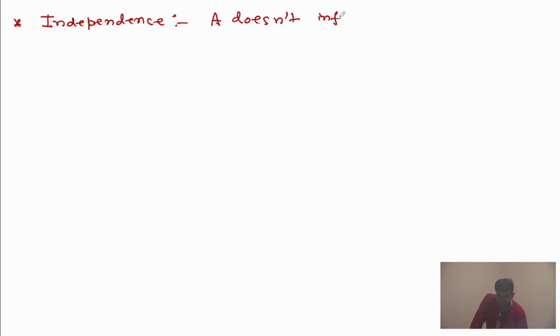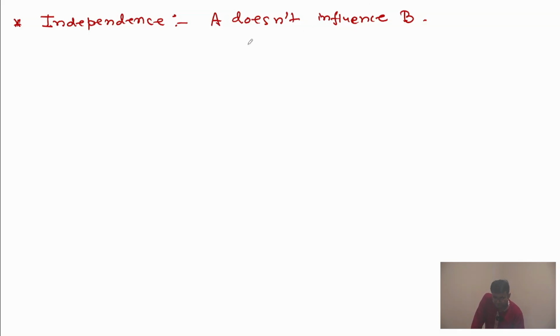So, independence, and we said that A does not influence B. That is what we talked about, right.